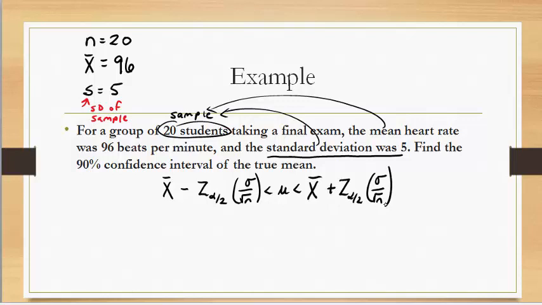So the first change that I'm going to make is, instead of the standard deviation of the population, I'm going to substitute in the standard deviation of the sample.